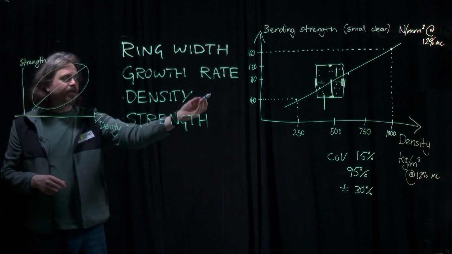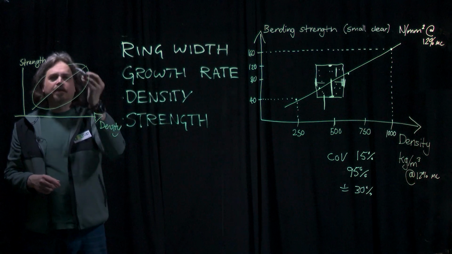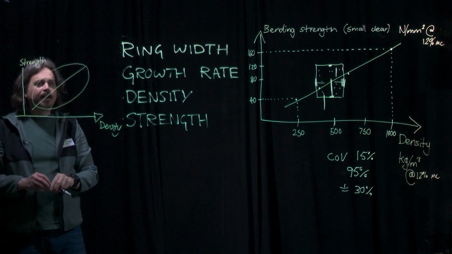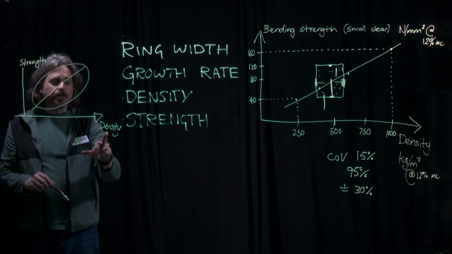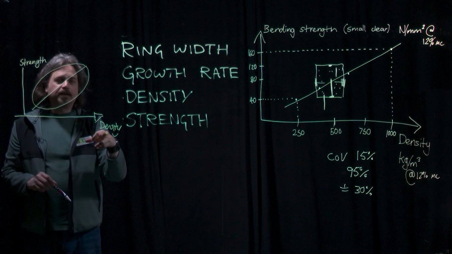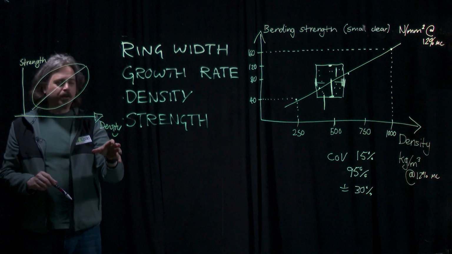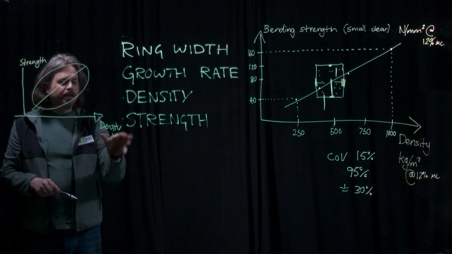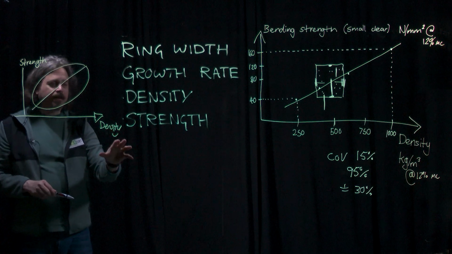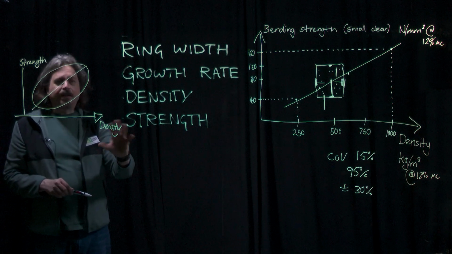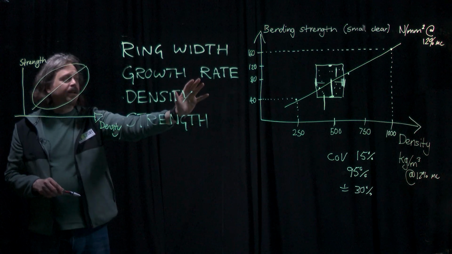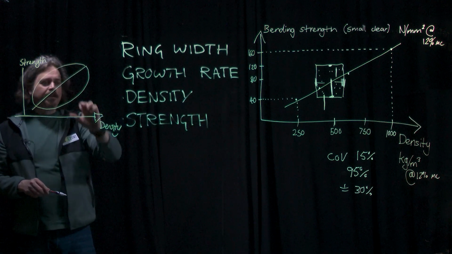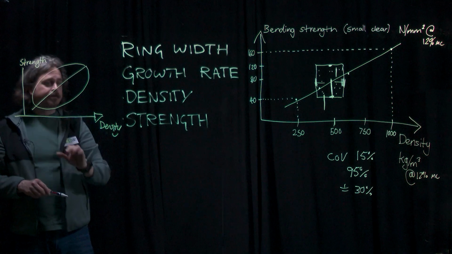And the strength of the correlation between the density and the strength will depend a bit on the species, but there aren't many with a very strong correlation, which is why we don't use density as a good predictor of strength in any real production situation. We're only using density to predict things like compressive strength or fastener holding strength. It's a very bad predictor across any individual species of bending strength.